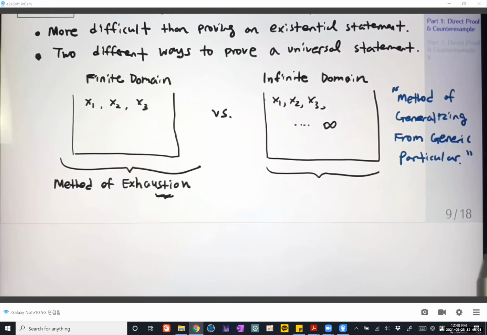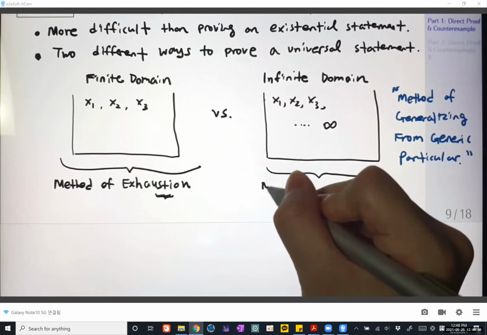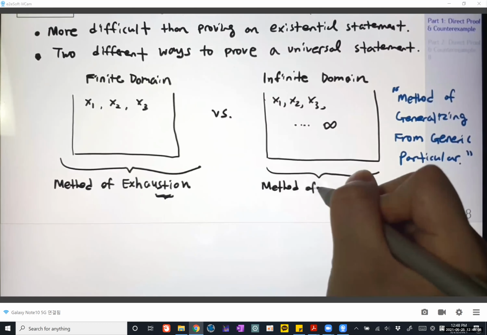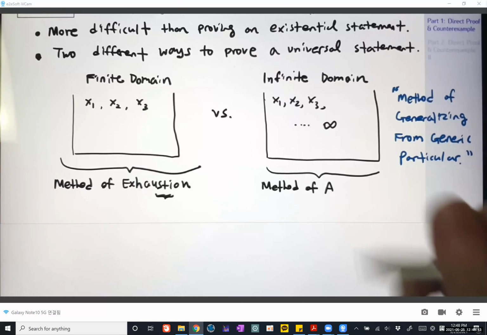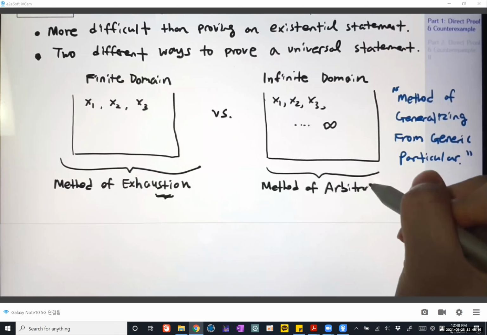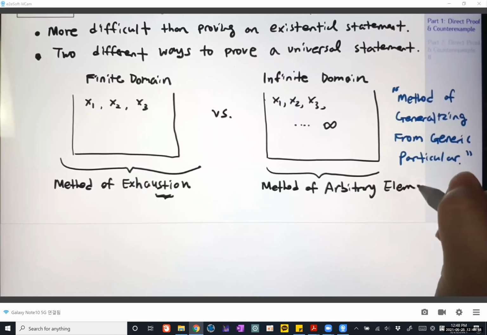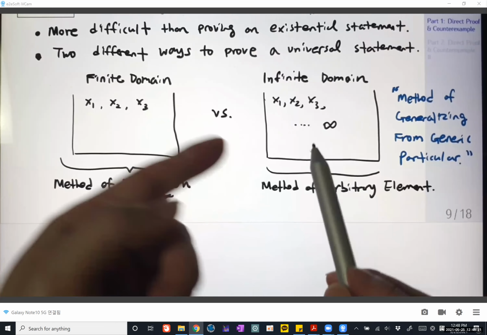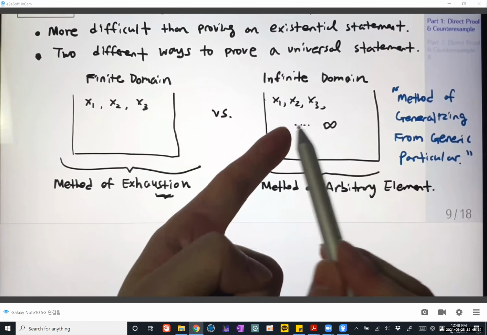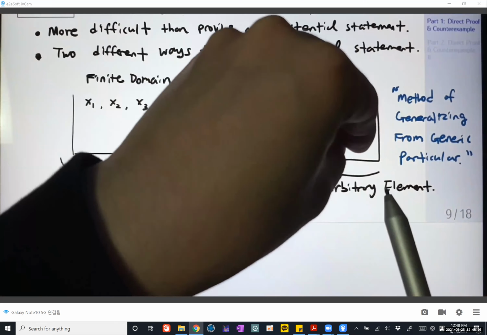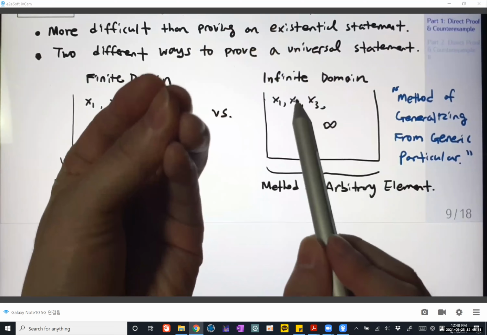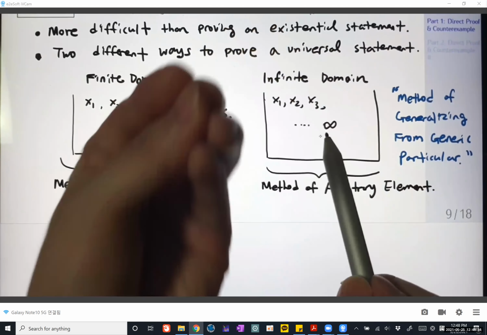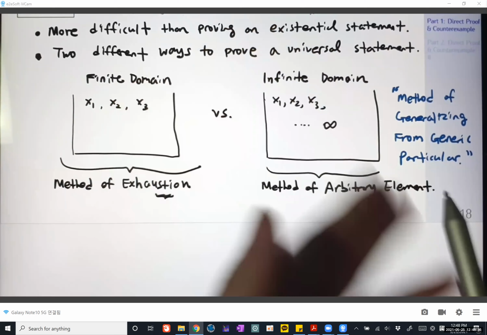So I made a new name for this. Just call it the method of selecting an arbitrary element. It's like this: because we cannot check every single element in the domain, you just pick a random number, a number that has the same DNA as the other elements, and with that DNA you do some proof.